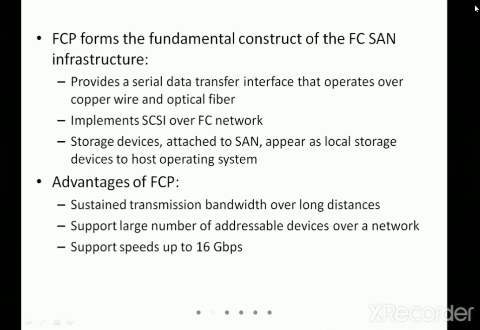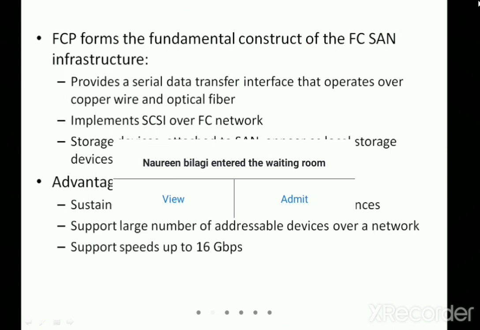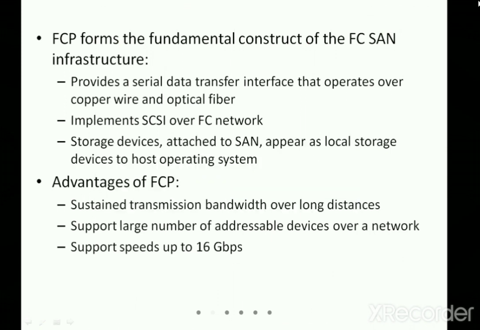The advantages of this Fibre Channel architecture are: the first one is sustained transmission of bandwidth over long distances. That means whenever I am transferring the data, there is less loss of data, even when transferred over a longer distance. It also supports a large number of addressable devices.